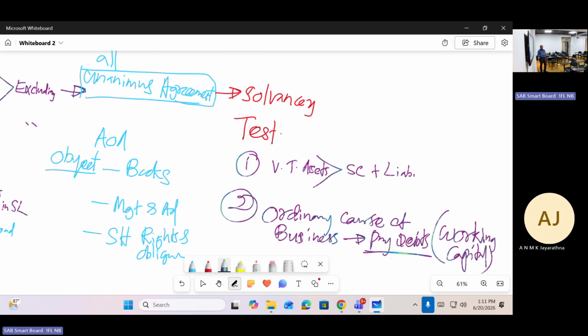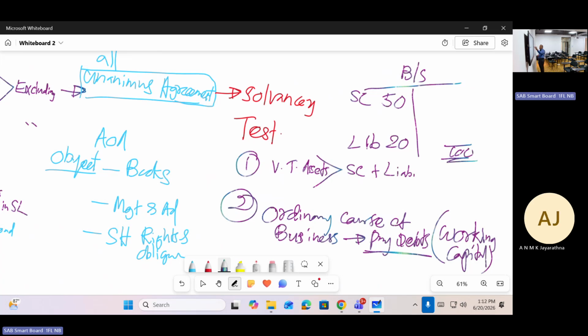The first one: value of total assets greater than stated capital and liabilities. As an accountant, what does it require? Suppose this is the balance sheet. The value of the total assets is greater than stated capital of 50 and liability of 20.